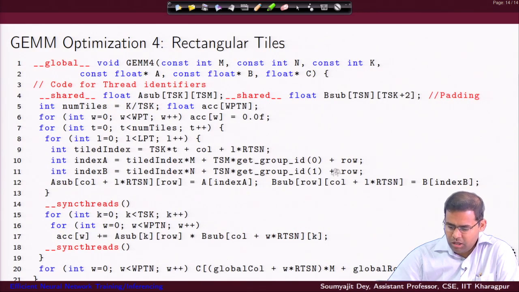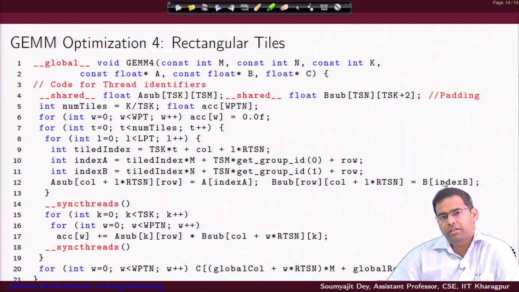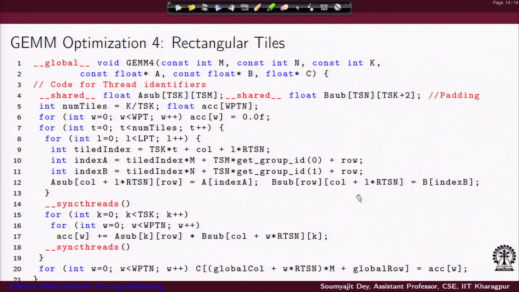As you can see, I have flipped the indices for B sub here. So, row comes first. That means I am loading in a nice coalesced manner, but also, to preserve the advantage of storage in the shared memory and not lose out on that, I flip the indices here. I hope that clears this out.